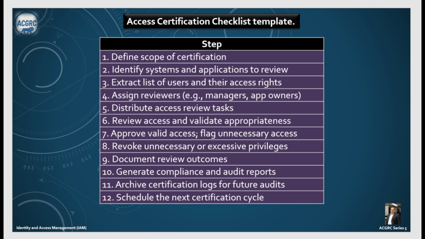Starting with, you define the scope of certification, identify systems and applications to review, extract the list of users and their access rights, assign reviewers, distribute access review tasks, review the access and validate appropriateness, approve valid access and flag off unnecessary access, revoke unnecessary or excessive privileges, document review outcomes, generate compliance and audit reports, and archive certification logs for future audits. Last is schedule the next certification cycle.